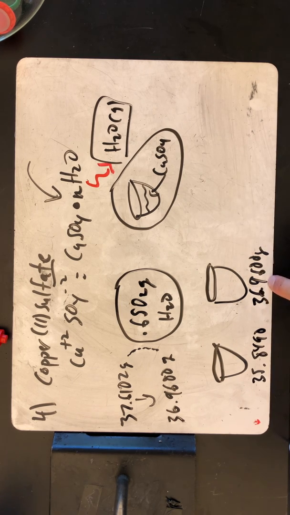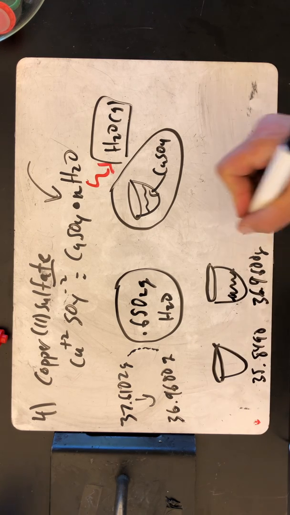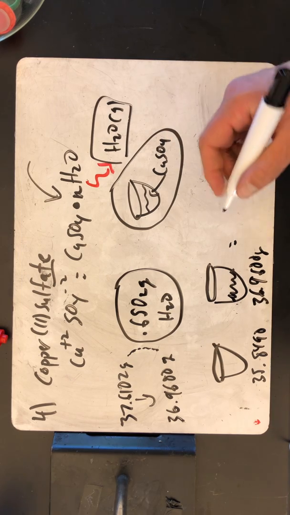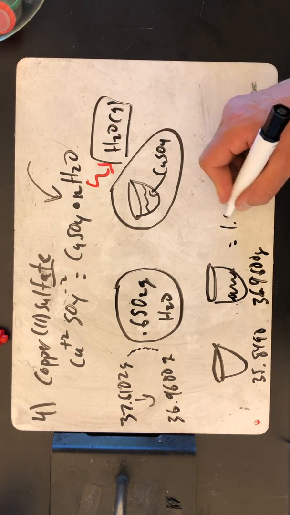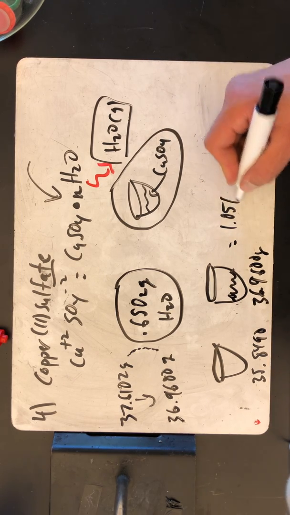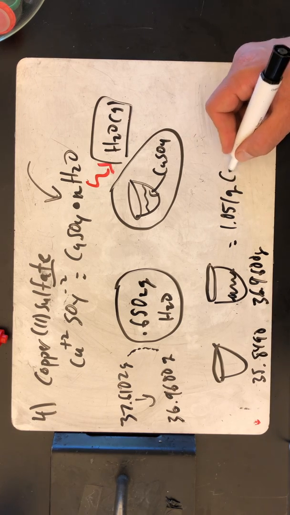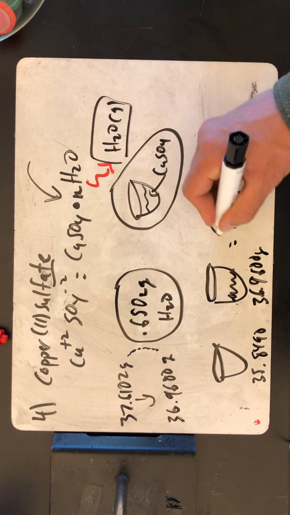So this contains the substance, and that's without it. So let's subtract those two: 36.9600 minus 35.8490 equals 1.051 grams of copper sulfate that are left behind.